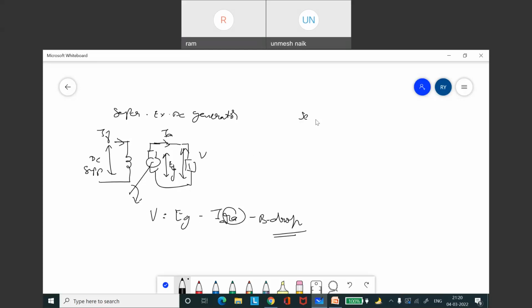We have self-excited generator. In case of self-excited generator, the field winding will be connected to this armature.